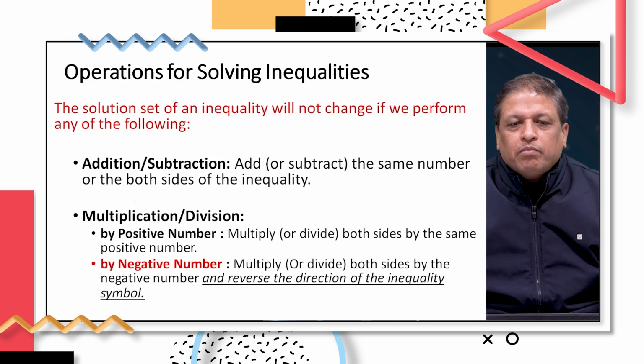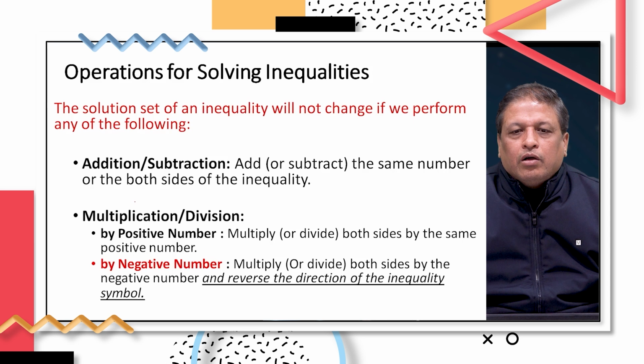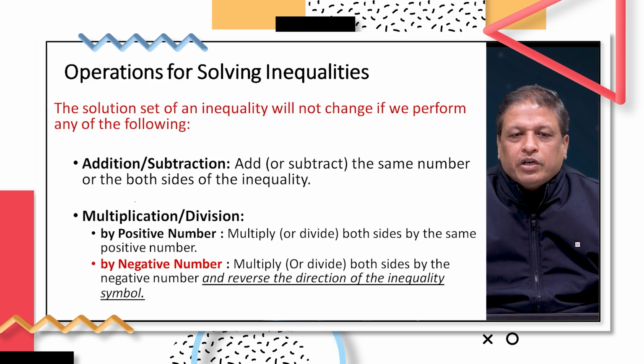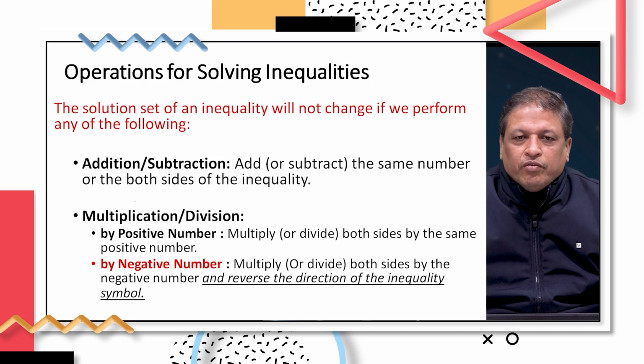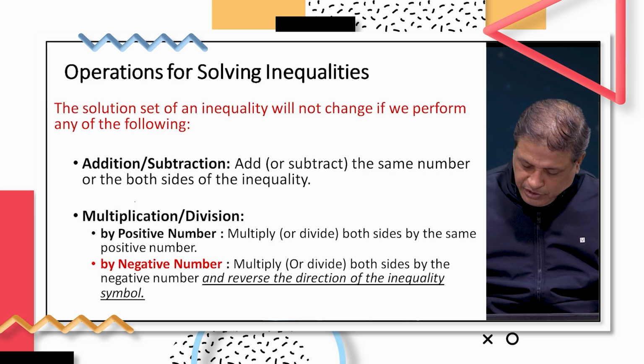What do I mean by that? We are supposed to reverse the direction of the inequality symbol when we multiply or divide by a negative number. We will understand this when we attempt the numericals in the remaining part of this session.